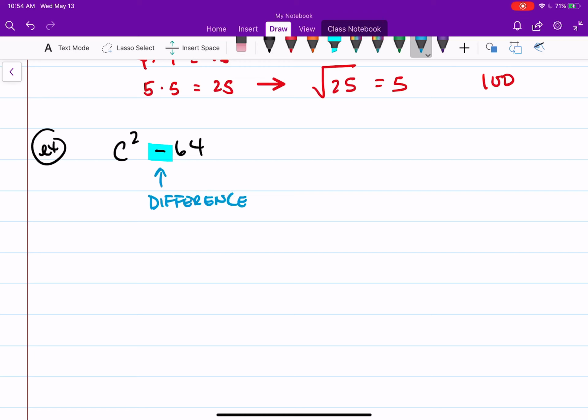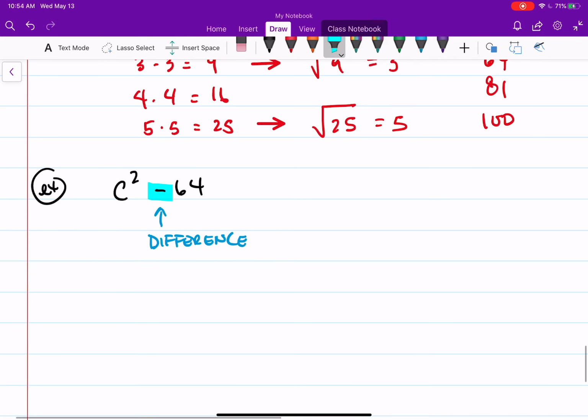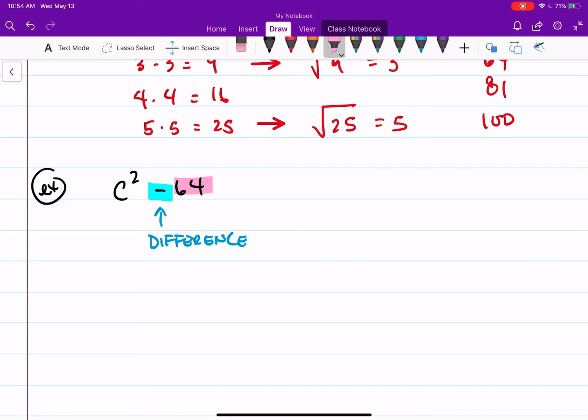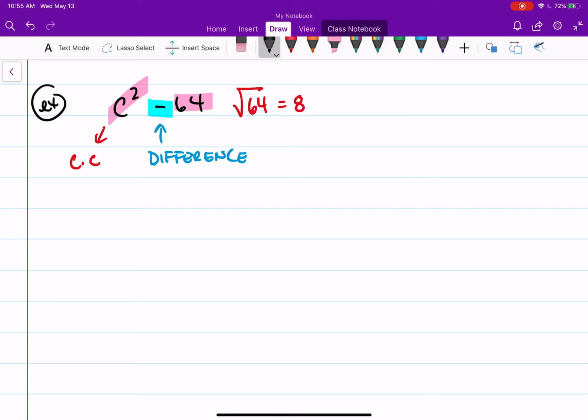Subtraction, right? 64, so you can go and take the square root of 64, and that's equal to 8. And this would be c times c, right? So, therefore, my answer is this.